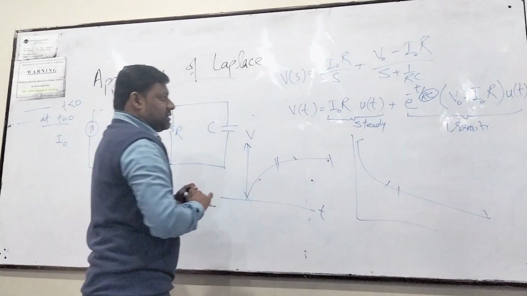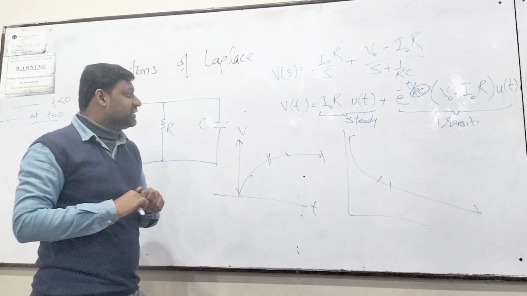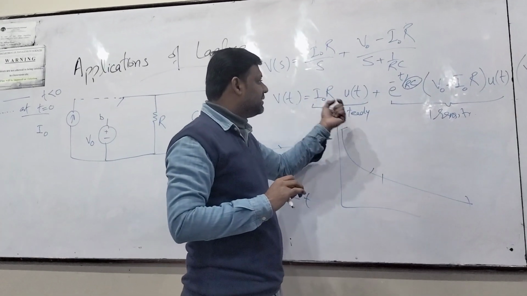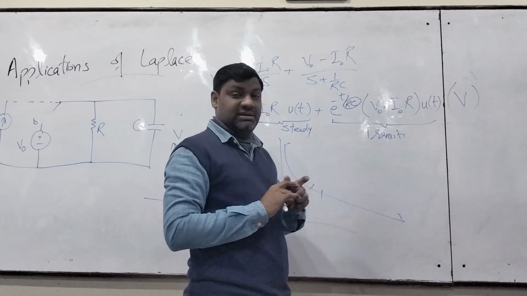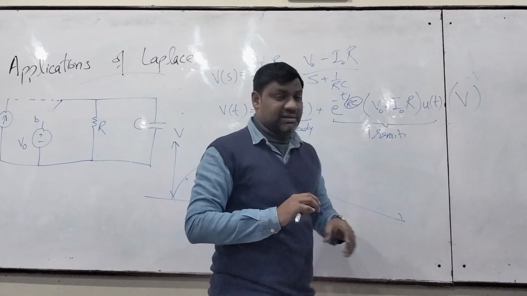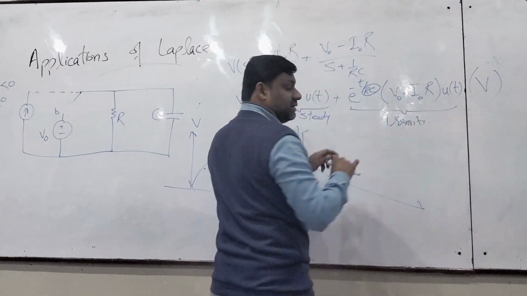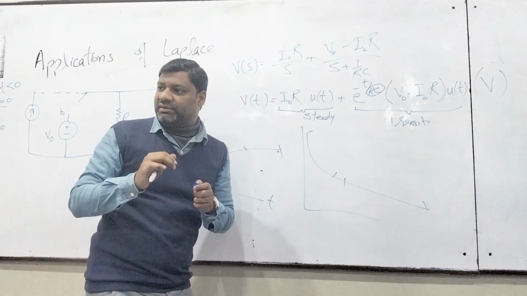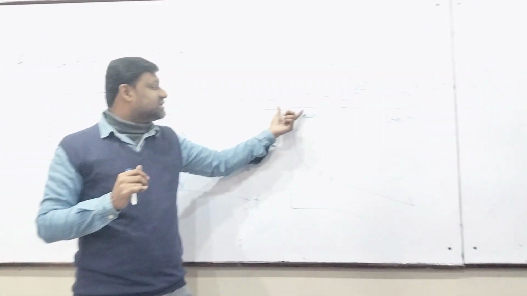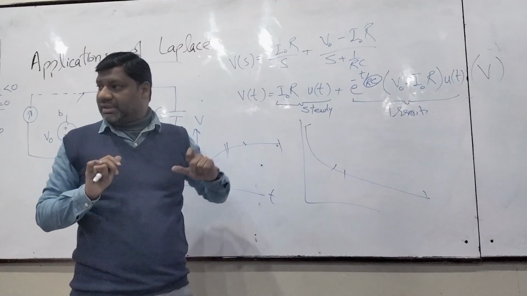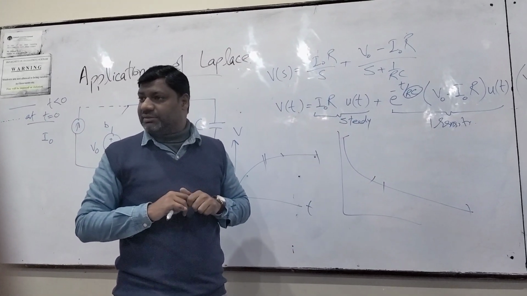So if you put values here, let's fix I naught R, V naught, I naught R, and C, then this plot will be like this. This is the transition period, when time t is equal to 1, 2, 3, the voltage was varying, but at this time it's static. And u of t means before the time t is equal to 0.